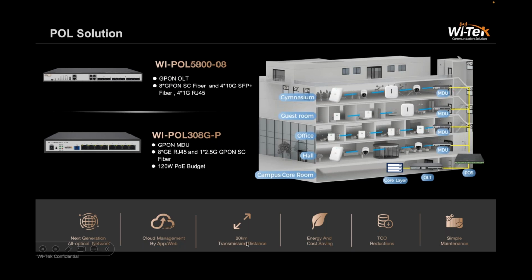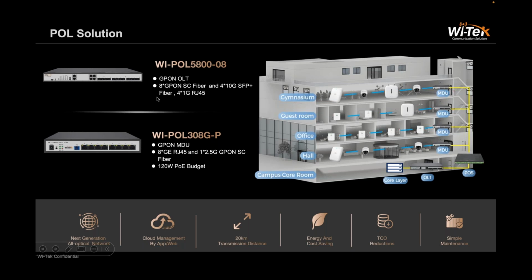The fiber between the two devices supports a transmission distance of up to 20 kilometers. It also saves energy because we use fiber to replace electricity cable, and it simplifies maintenance. I will introduce later how to simplify maintenance.